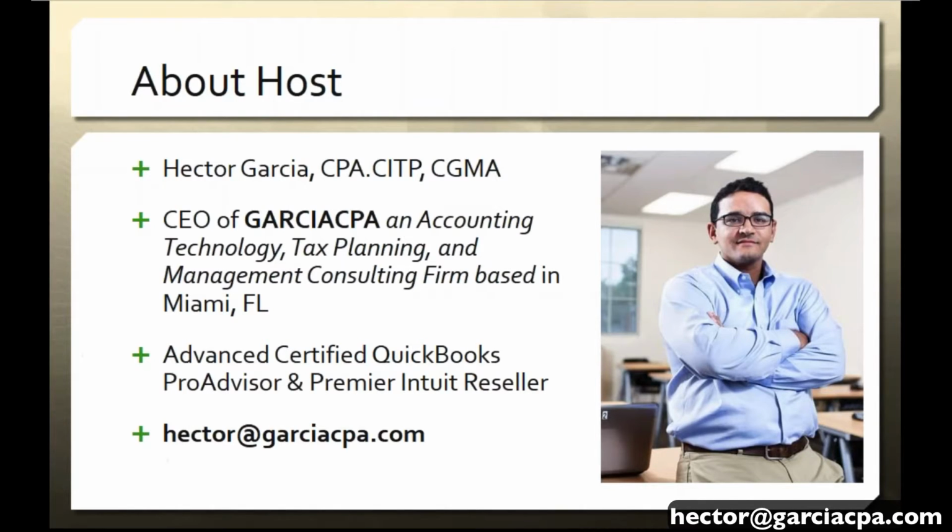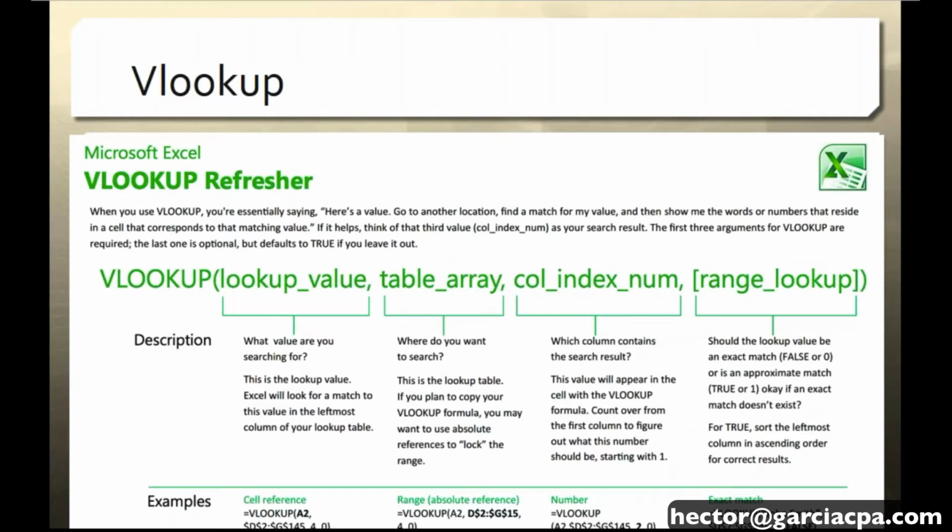Anyway, let's go ahead and move on and talk about pivot tables. Now, pivot tables are extremely, sorry, not pivot tables, VLOOKUP. VLOOKUP is a function in Excel that is very well received for people that know how to use it, and typically very ill received for the folks that don't understand it.